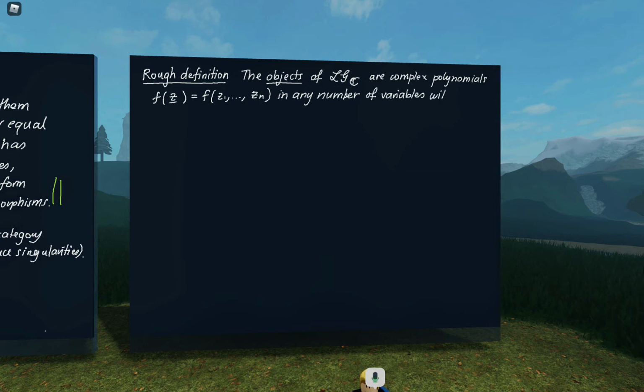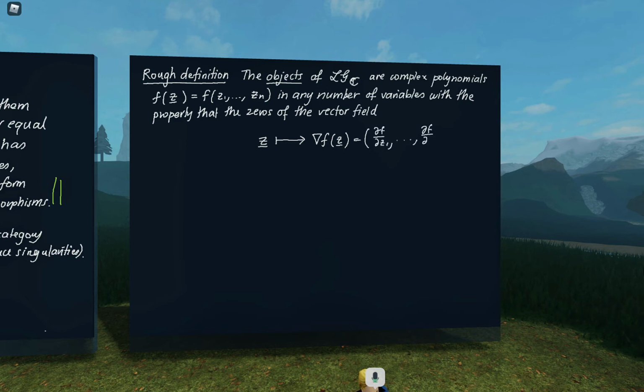With the property that the zeros of the following vector field, which assigns to a point in Cn the gradient of f, right, assigns to each point of Cn that vector.